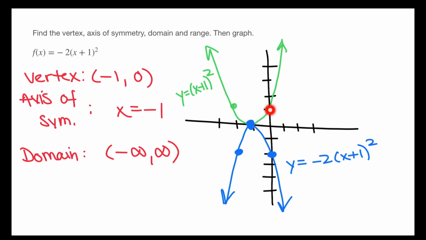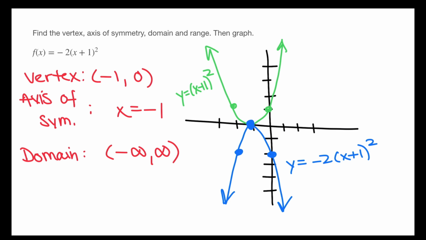But the point 0, 1, we take the y value, we multiply it by -2. That becomes 0, -2. And same thing with the point -2, 1. That becomes -2, -2. So my graph is a little bit skinnier, it's been vertically stretched, and it's been reflected over the x-axis.